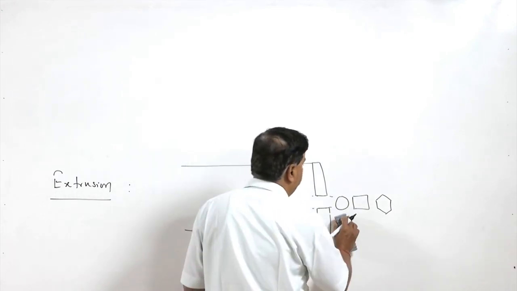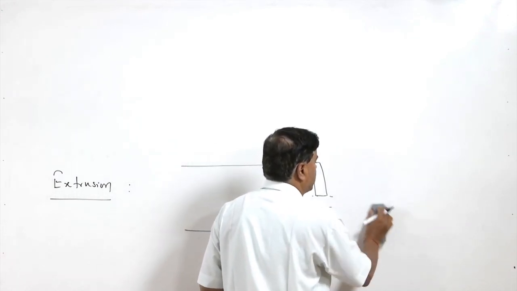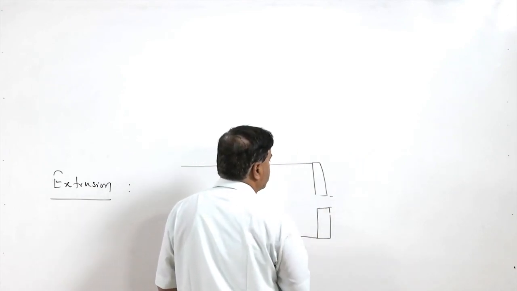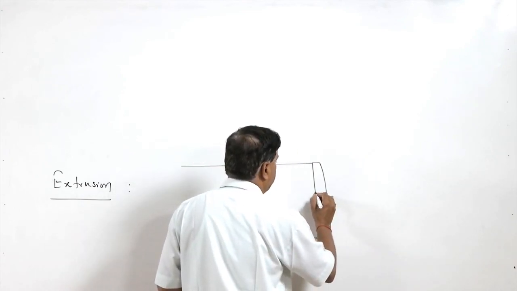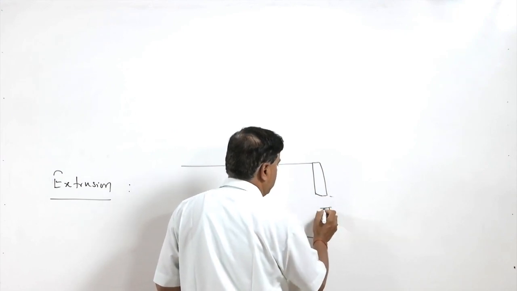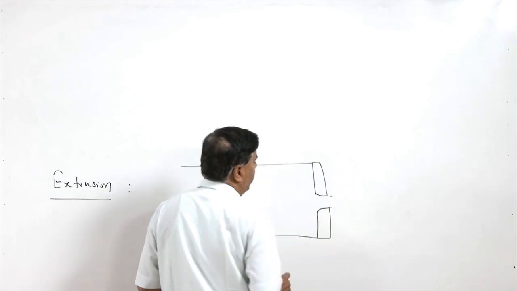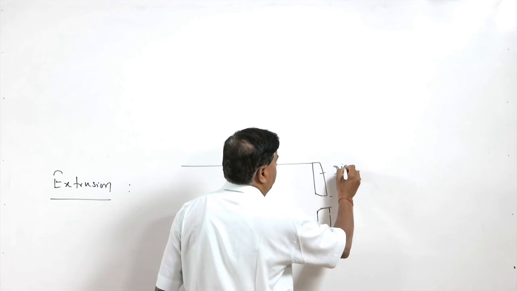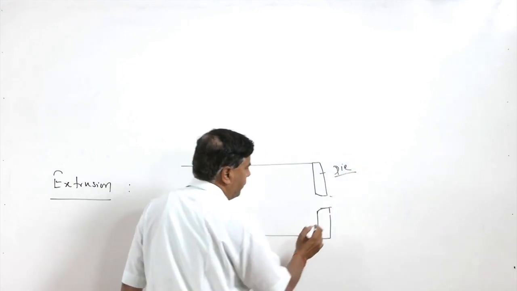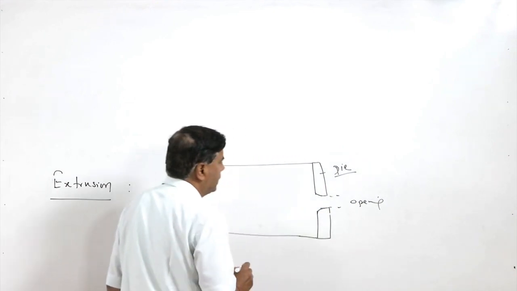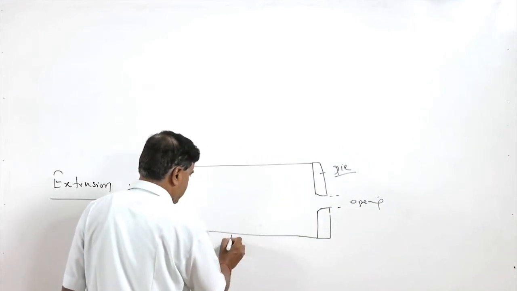This opening decides the shape of the product which will be made. A little rounding off can be done in the opening. So, this is basically a die having the opening as per the shape desired.